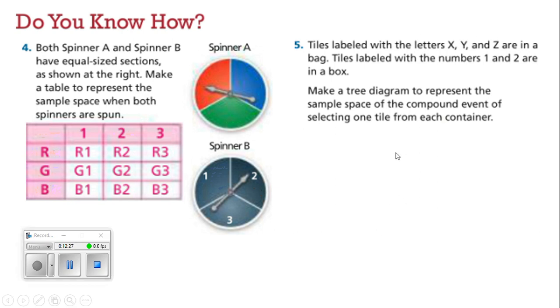In this case, we're looking at the letters X, Y, and Z. And now X could be followed by 1 and 2. Y could be followed by 1 and 2, or Z could get 1 or 2 after it. So that is going to be 1, 2, 3, 4, 5, 6 possible outcomes.